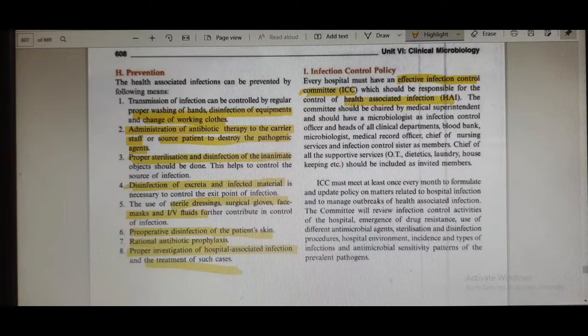The committee must be chaired by the medical superintendent and should have a microbiologist as the infection control officer, and heads of all clinical departments, blood bank, medical record officer, chief of nursing services, and infection control sisters as members. The chiefs of the supportive services should be included as invited members. So the OT, dietetics, laundry, housekeeping, etc. are also important parts of this committee.